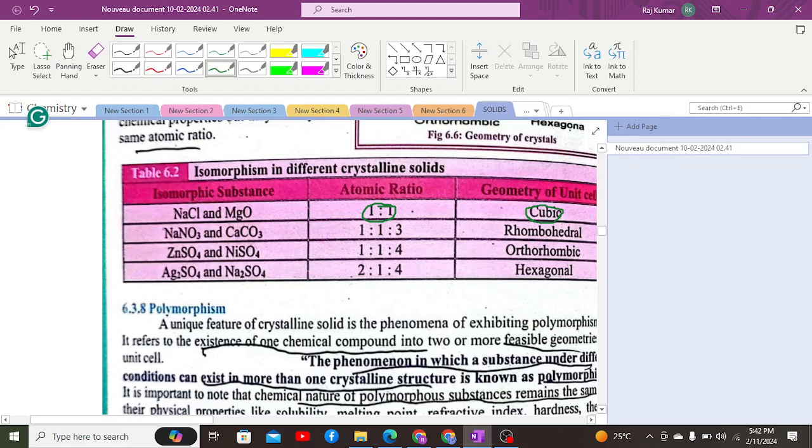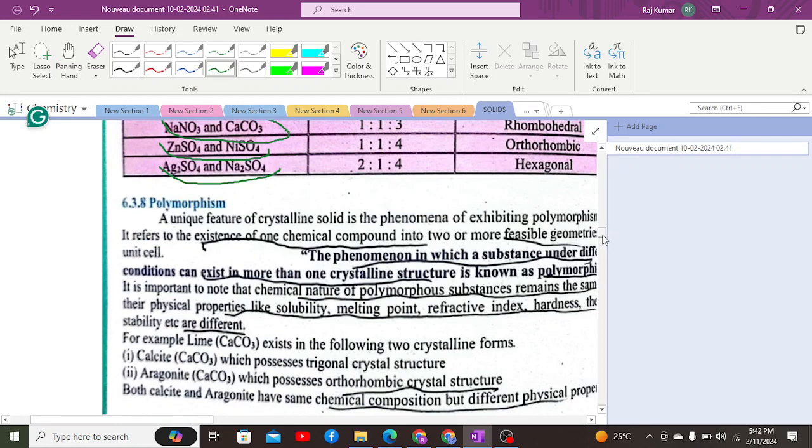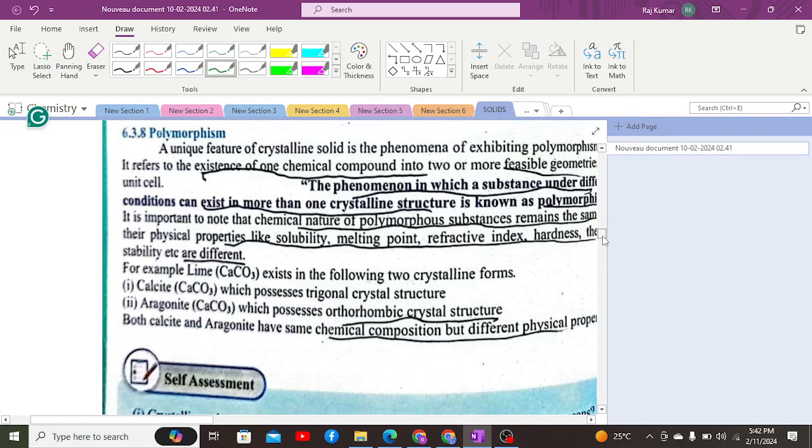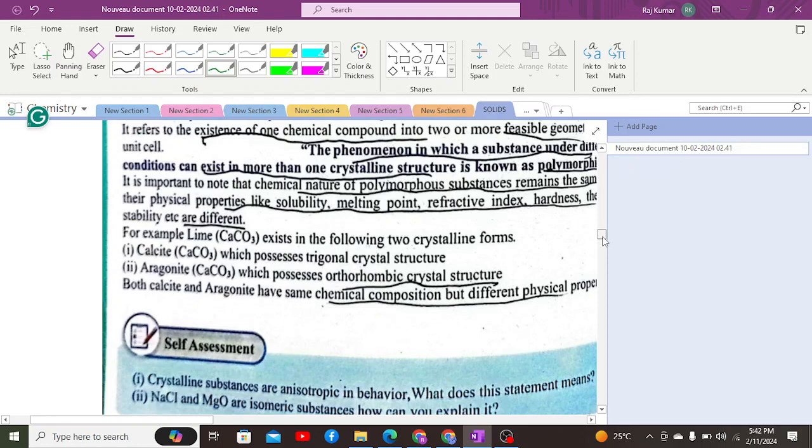And sodium nitrate has an isomorphic capability with calcium carbonate, such that it has a rhombohedral geometry there. Moreover, zinc sulfate and nickel sulfate have an orthorhombic geometry. Moreover, silver sulfate and sodium sulfate have a hexagonal geometry, but it doesn't mean that they have the same physical and chemical properties, as there are different chemical and physical properties for them.